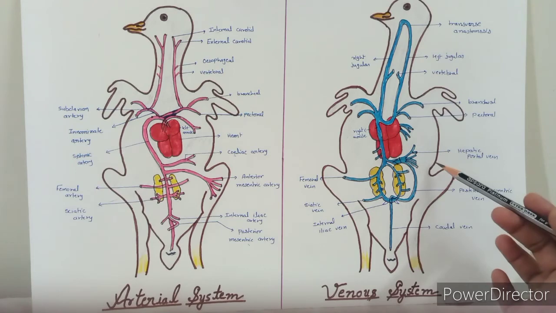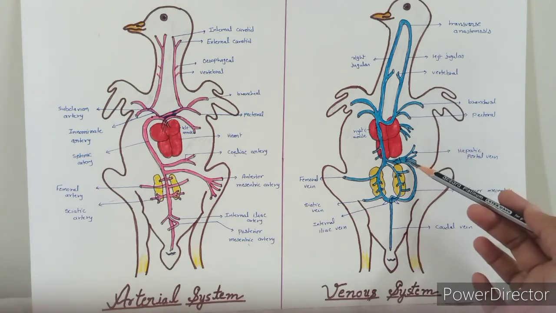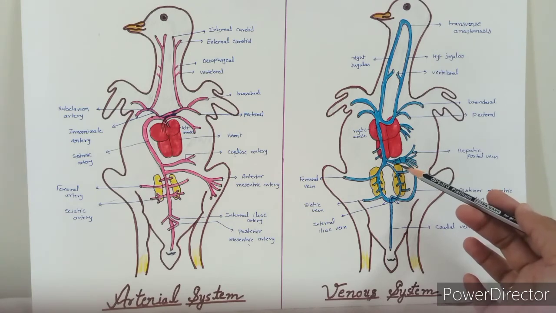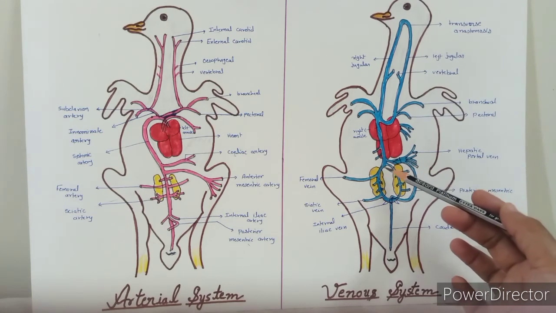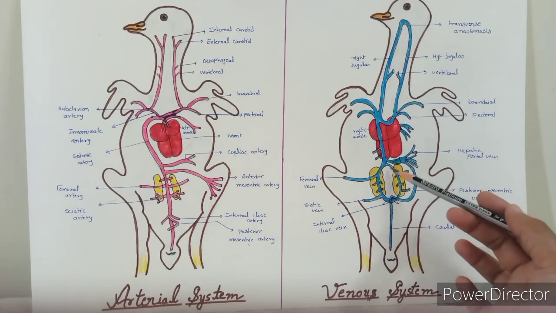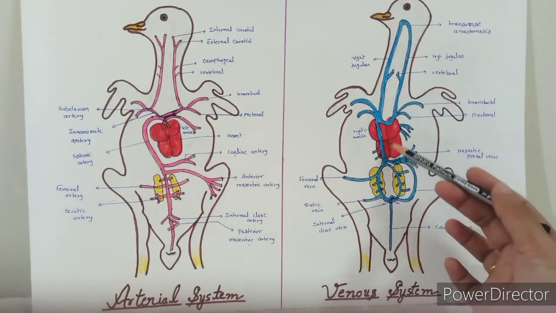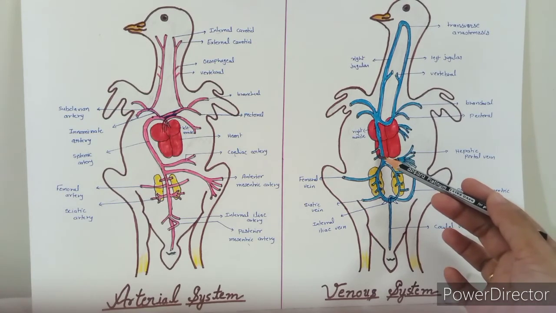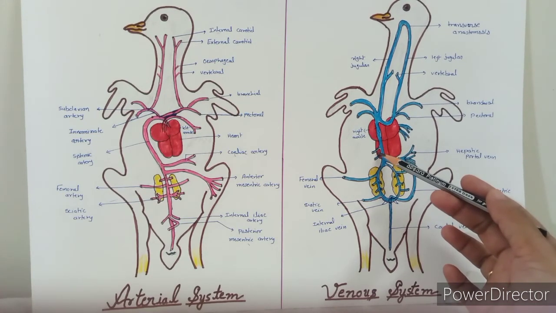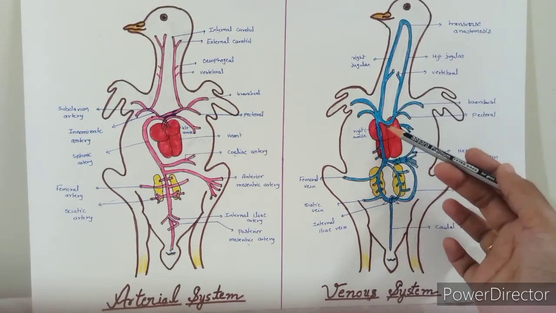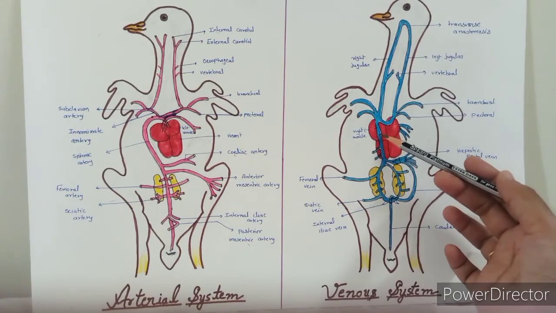The deoxygenated blood from the digestive organs, like the duodenum, gizzard, intestine, is collected through the hepatic portal system and goes through the liver, and it connects to the postcaval vein, and this goes to the right auricle and puts all the deoxygenated blood into the right auricle.